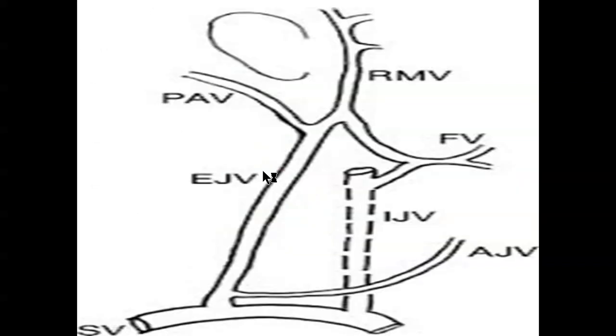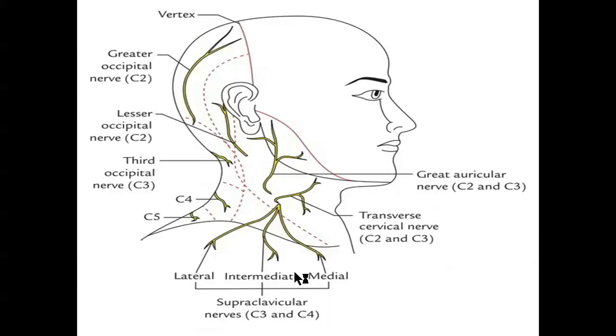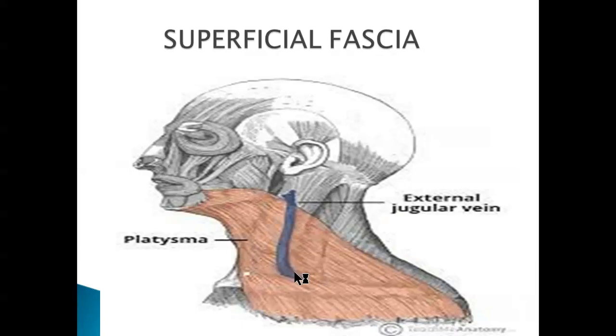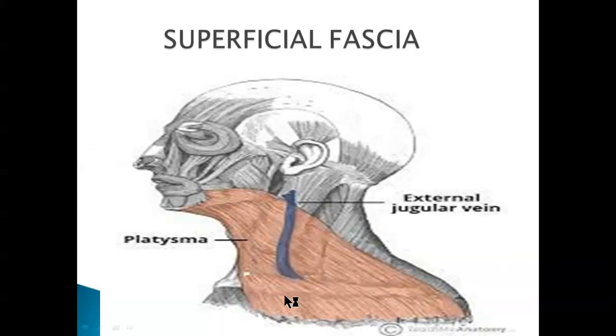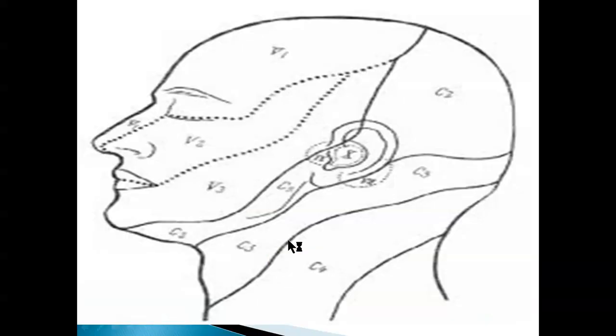Now, as already mentioned, in the superficial fascia we have these cutaneous branches. We haven't finished our superficial region. Still, we are in the superficial. We have covered our skin. In the superficial fascia, I talked about the platysma. I talked about the superficial veins in this region. Superficial veins would be your external jugular vein, for example.